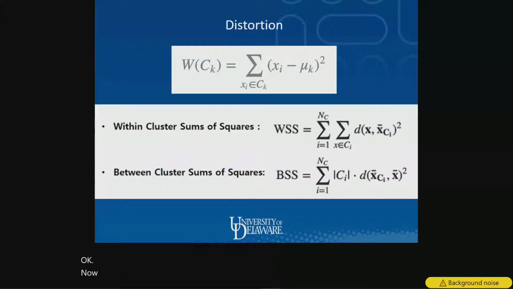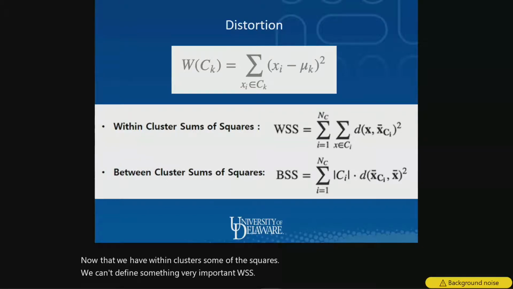Now that we have within cluster sum of the squares, we can define something very important. WSS, or within cluster sums of squares, is the sum of W's across clusters.